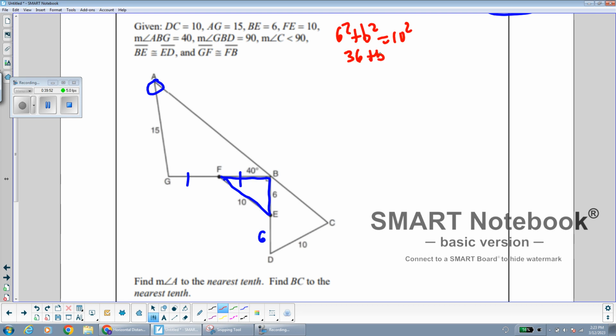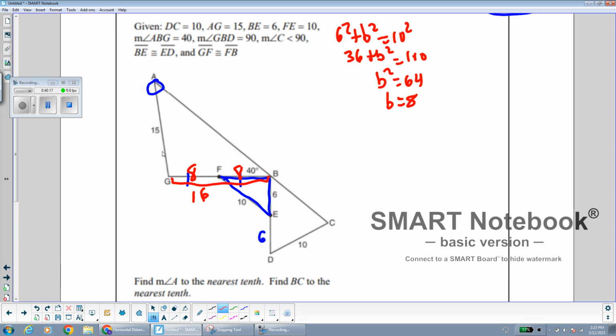That's 36 plus b squared is equal to 100. Let me do 100 minus 36. That's 64. So B is equal to 8. So this is 8, and then since these were congruent, this is 8 as well. So that means that this whole side here, GB, is 16.